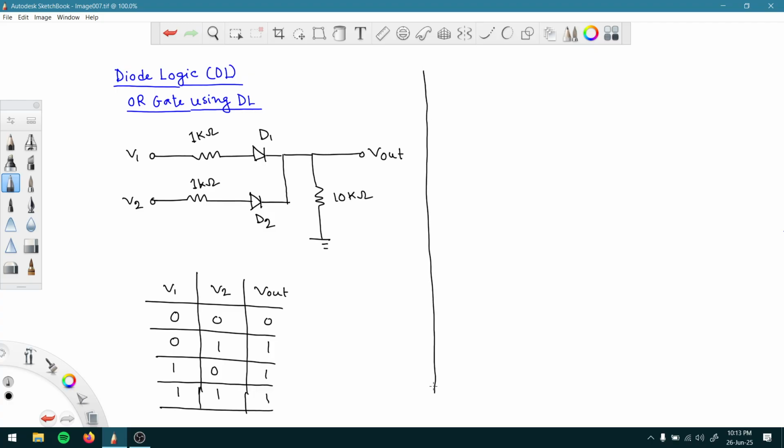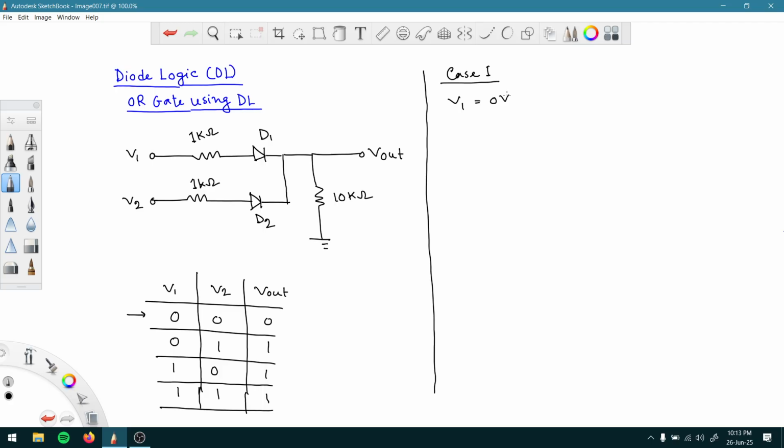Let us start with case 1. For case 1, V1 should be what? 0 volt, because everything we are seeing here is represented by voltage. That means logic 0 should be close to 0 volt and logic 1 should be close to 5 volt.